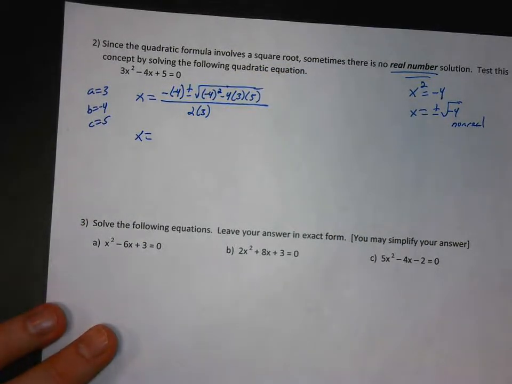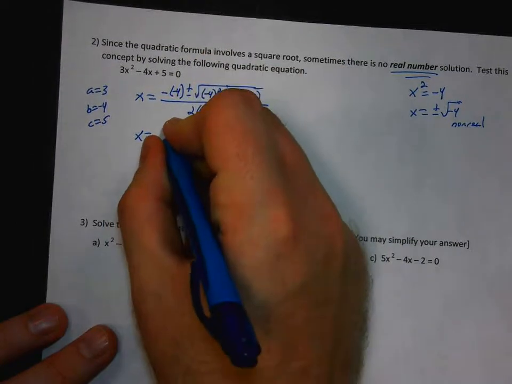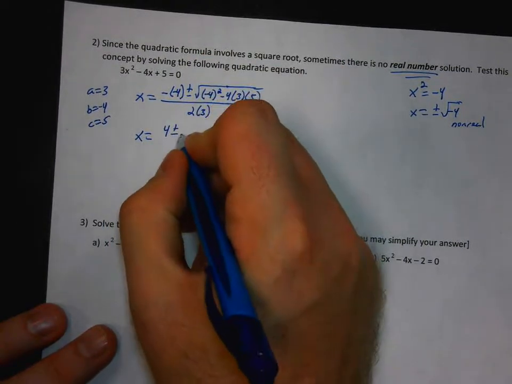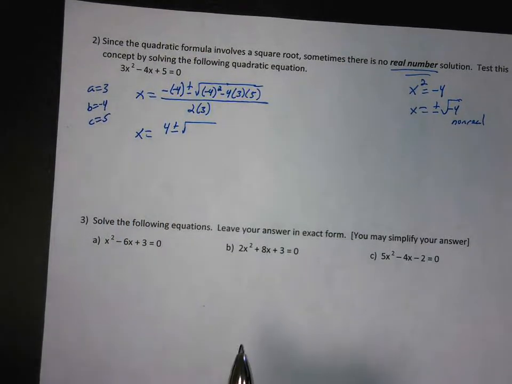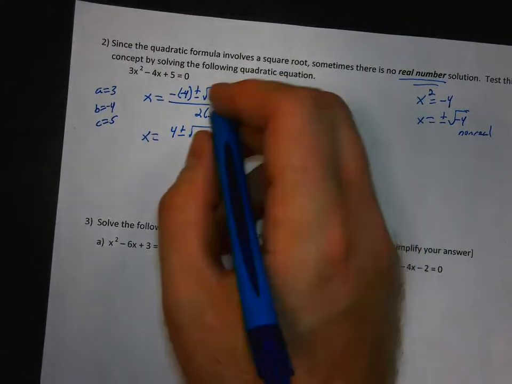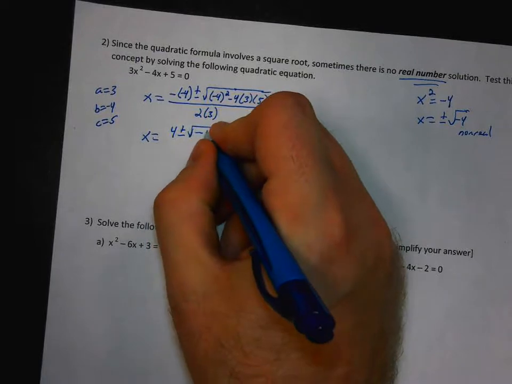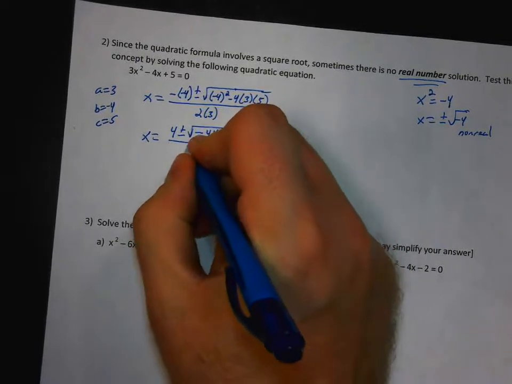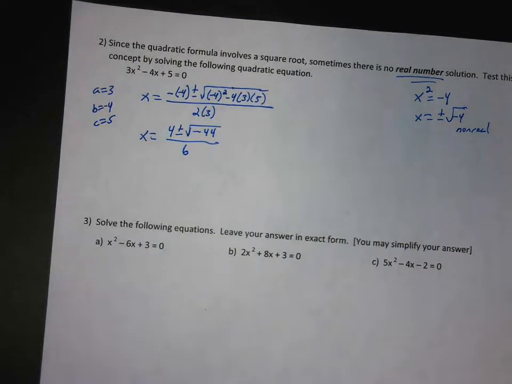So x equals a negative 4 is positive 4, plus or minus the square root. Well, when we do the negative 4 squared minus 4 times 3 times 5, we end up with the square root of negative 44. And that's all divided by 6.